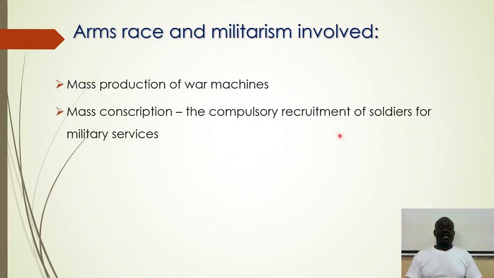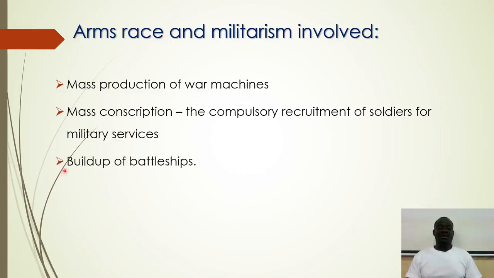And not only that, there was also mass conscription. By conscription, we mean the compulsory recruitment of soldiers for military service. So there was mass production of machines as well as mass recruitment of soldiers. It involved basically these issues.